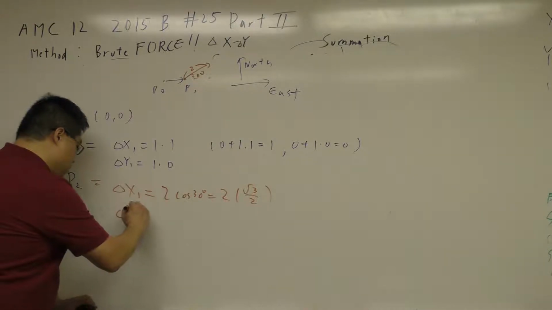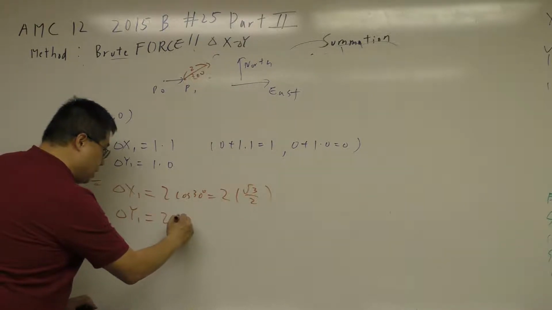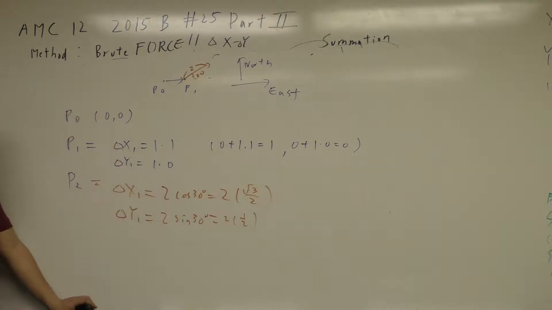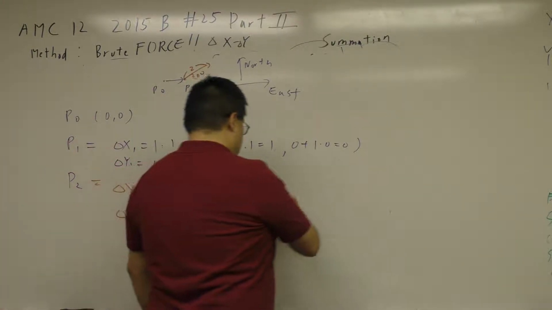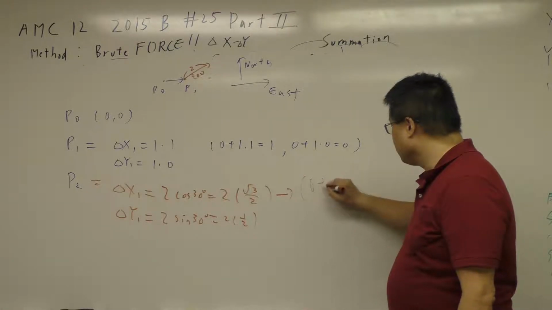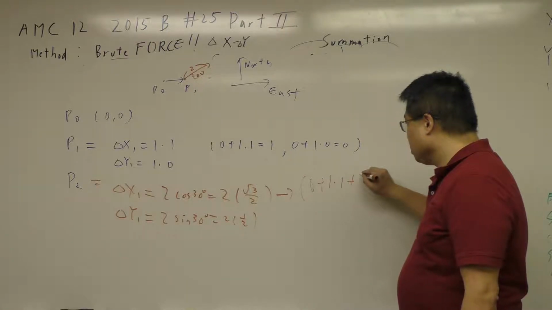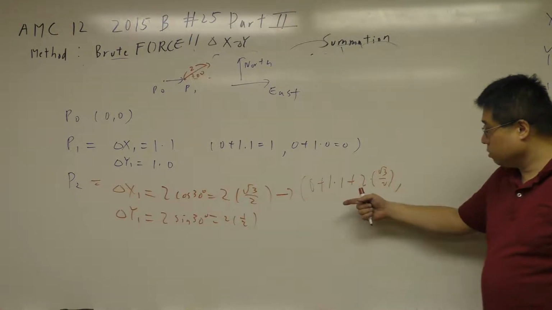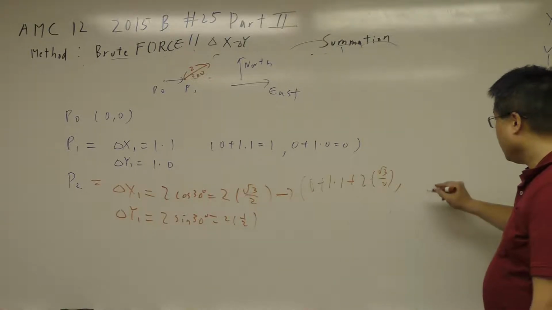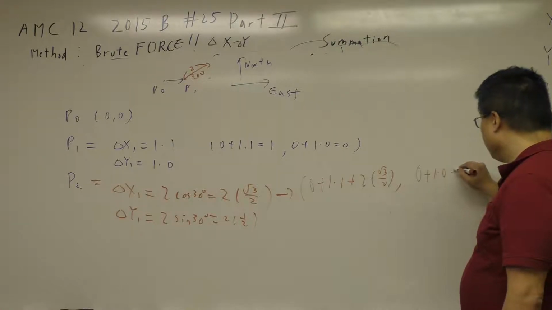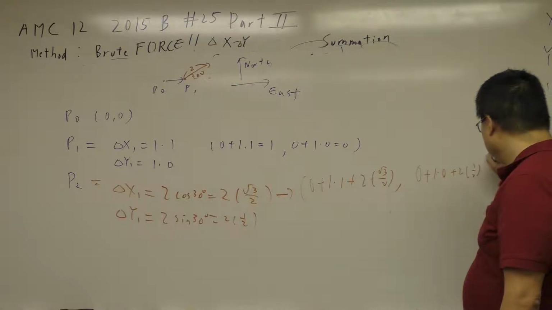And our change in y is 2 times sine 30 degrees, which is 2 times 1/2. So our new location, our point P2, is at 0 plus 1 times 1 plus 2 times square root 3 over 2. That's our new x coordinate. Our new y coordinate is 0 plus 1 times 0 plus 2 times 1/2.